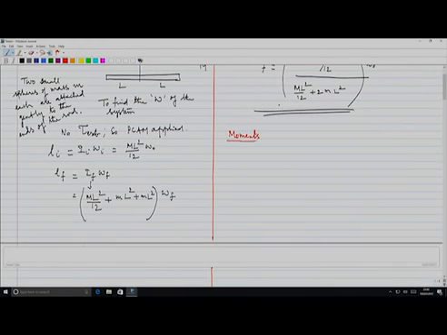Okay, the problem is like this. This length is L. Then we have A, here B. Then this length is 4L, this length is 4L, this length is 2L, and then this length is 2L.